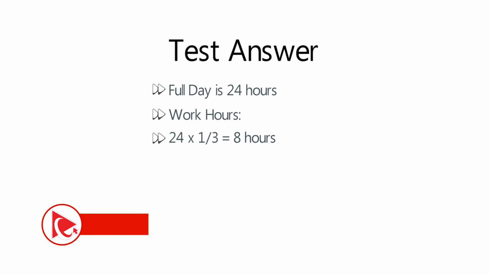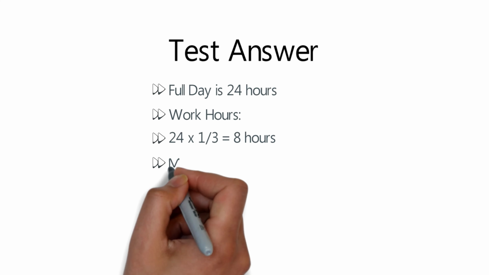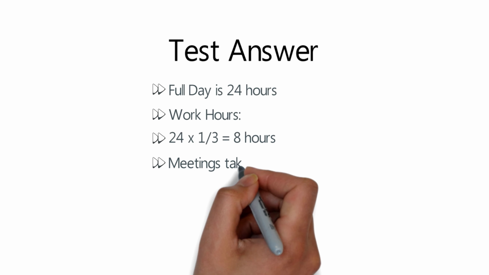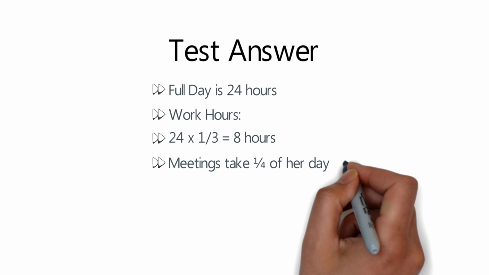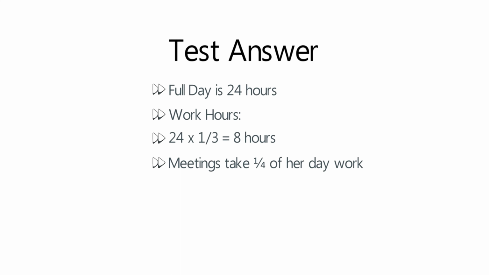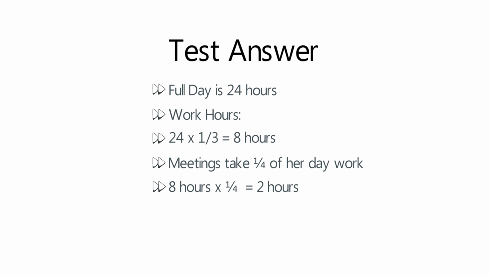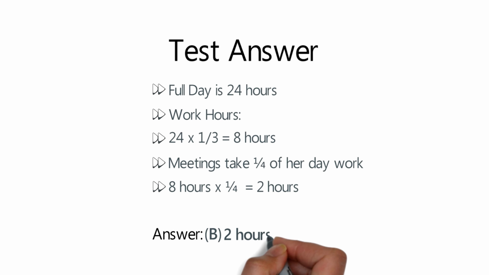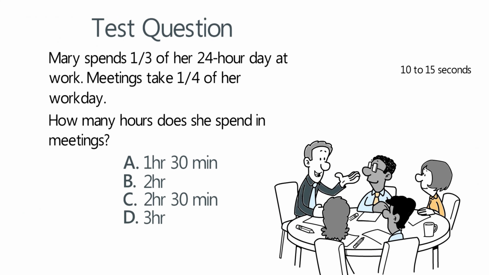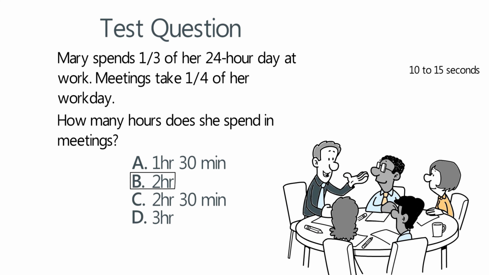And we calculate it by multiplying 24 by 1/3, or actually dividing 24 by 3. Meetings take 1/4 of her workday. So to calculate how much time she spends in meetings, we need to multiply 8 hours by 1/4, and the result is 2 hours. So the correct answer is choice B, 2 hours. Hopefully you've nailed this question and now know how to answer similar problems in the test.